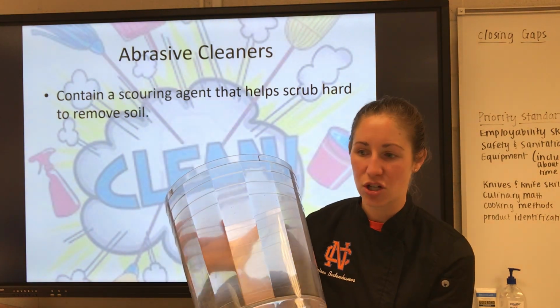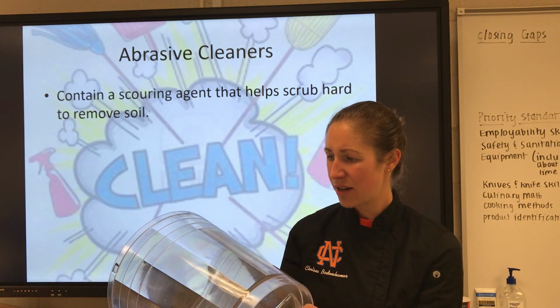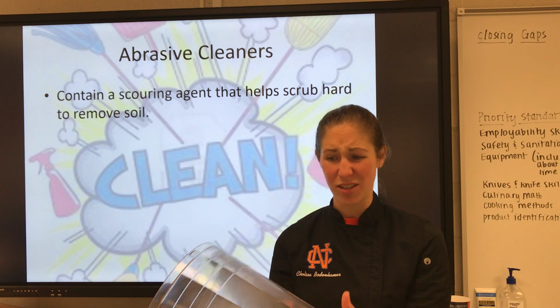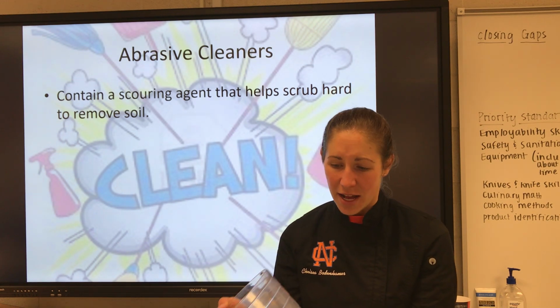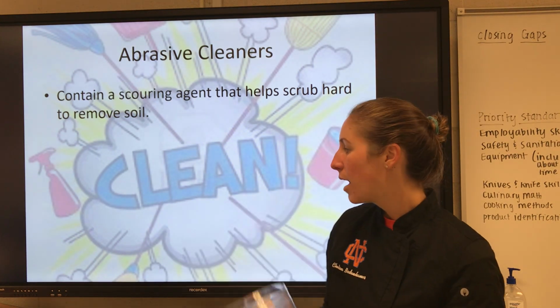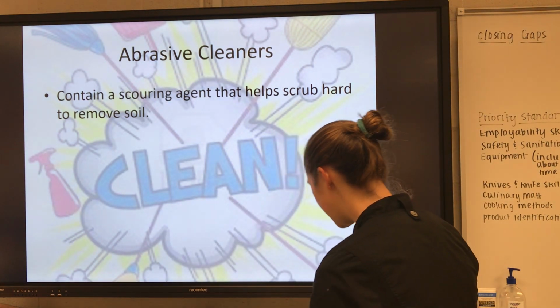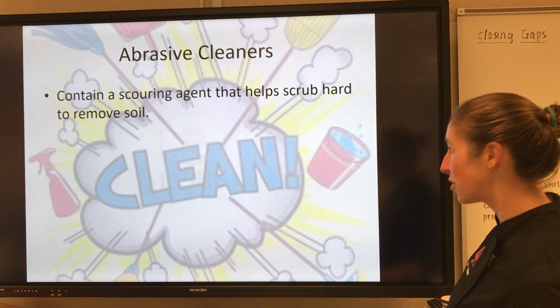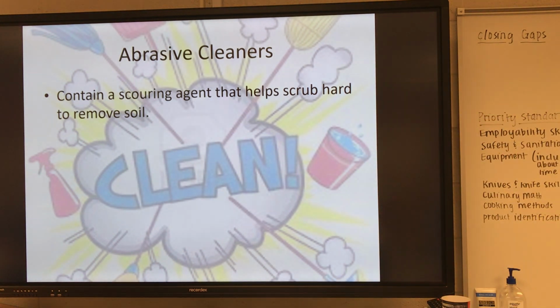I scratched all the interior of this, so now it looks cloudy. And now it looks even more dirty than it did to start out with. It's ruined the appearance. So scouring agents and abrasive cleaners are good, but they have to be on surfaces that you don't mind being scratched. If it's going to get scratched up and ruin the appearance, you may not want to use an abrasive cleaner.